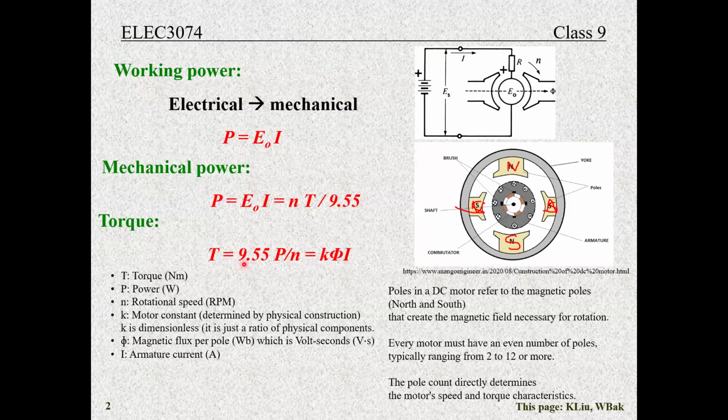This formula right here for the power, it's easier to see if you just write it like this: power equals speed, which is the N letter, times torque divided by 9.55.